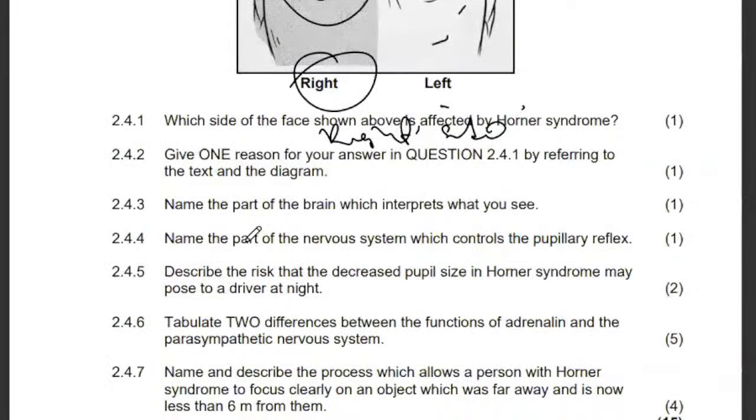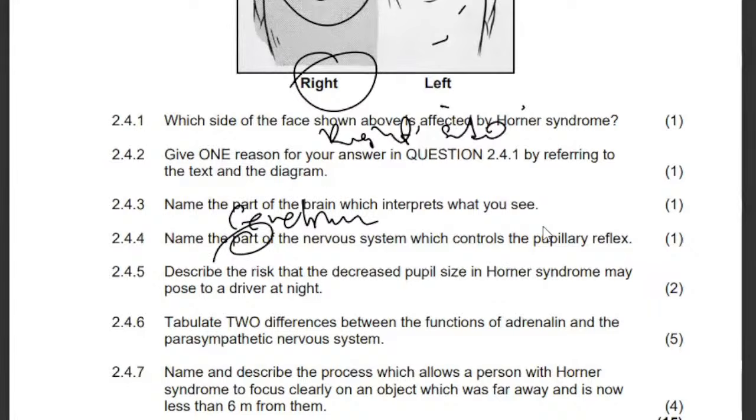They said one reason. Name the part of the brain that interprets what you see. That is the sensation. Remember, that is vision, which is a sensation, and sensation is controlled by the cerebrum. Yes. Name the part of the nervous system which controls the pupil reflex. So in this case, what are you talking about? They're saying the part of the nervous system. They're not saying which part of the brain.